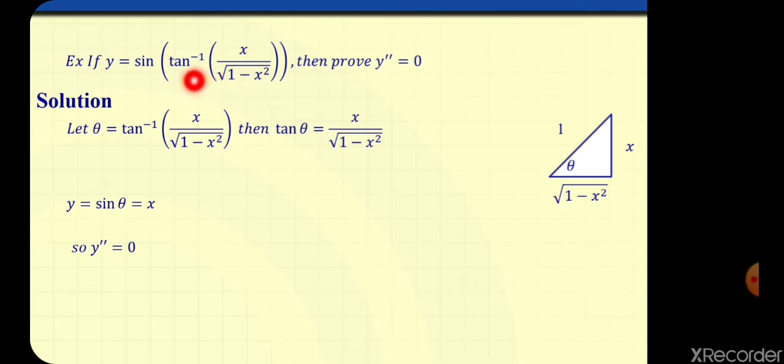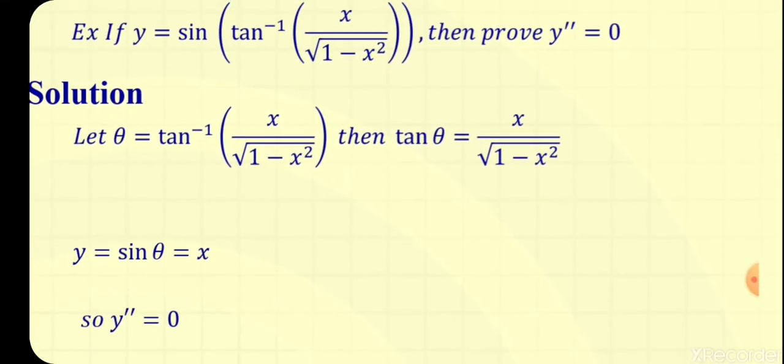So we can assume this bracket is theta, therefore theta equals tan inverse of x over root 1 minus x squared. Applying tan to both sides, tan inverse will be cancelled, so tan theta equals x over root 1 minus x squared.